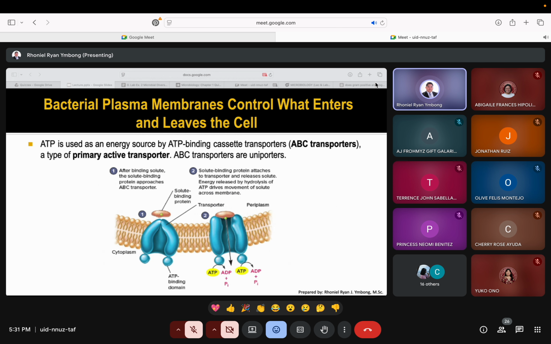The solute binding protein is the receptor for the specific nutrient that is needed by your bacterial cell to be transported going in. But at the other end, this is where your ATP molecule will attach to your protein. As your ATP attaches to your protein, take note that there would be hydrolysis of your ATP molecule.